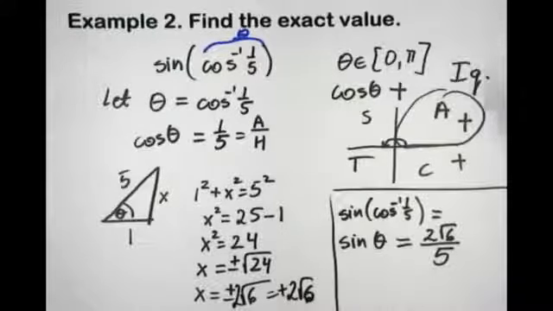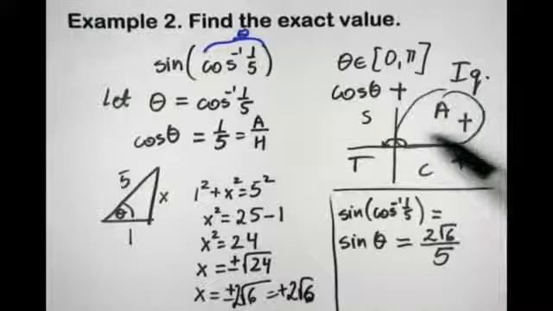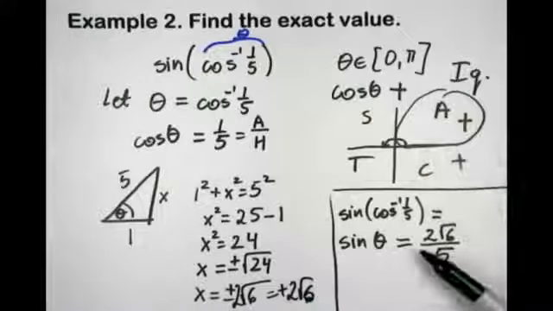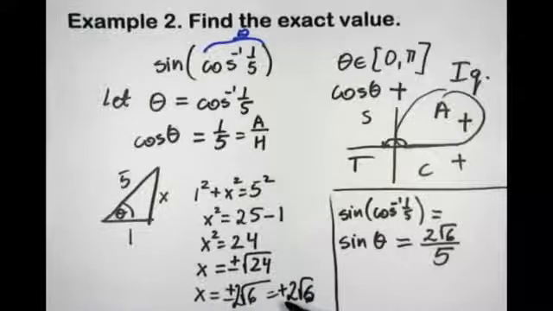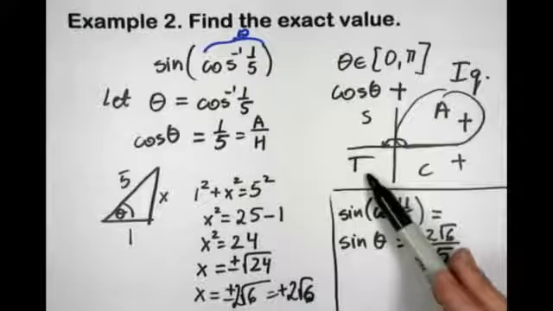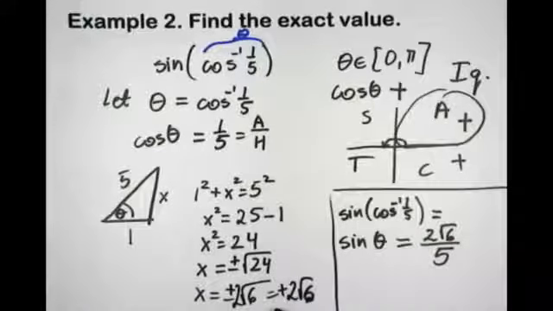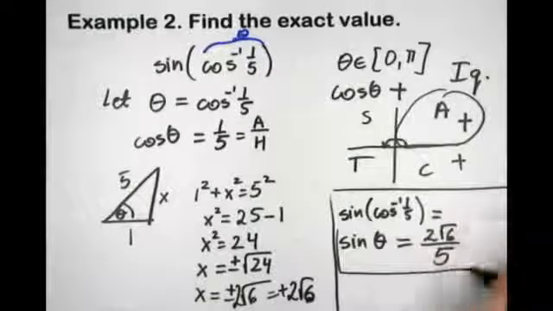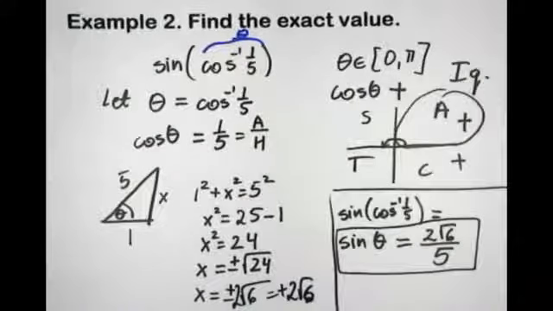And now it depends on the quadrant. We are in the first quadrant, it's positive, so we choose the positive value. If we were in the third quadrant, then we would choose the negative value. So that's my final answer: the exact value of this expression is 2 root 6 over 5.